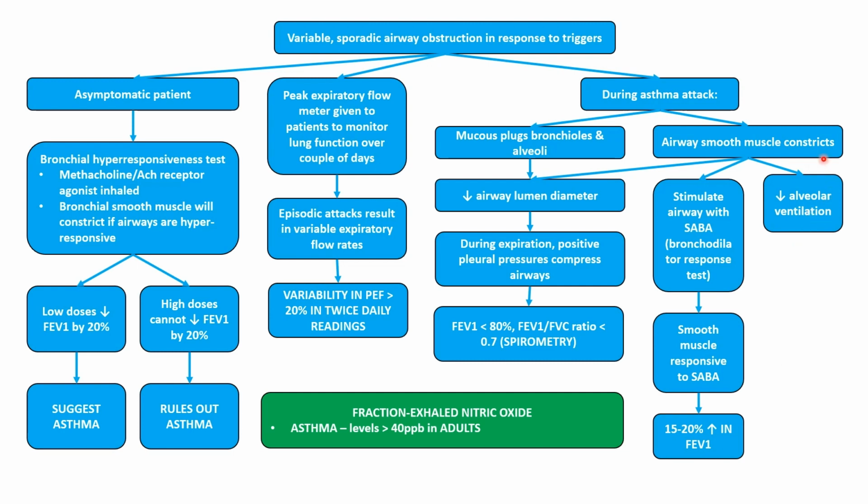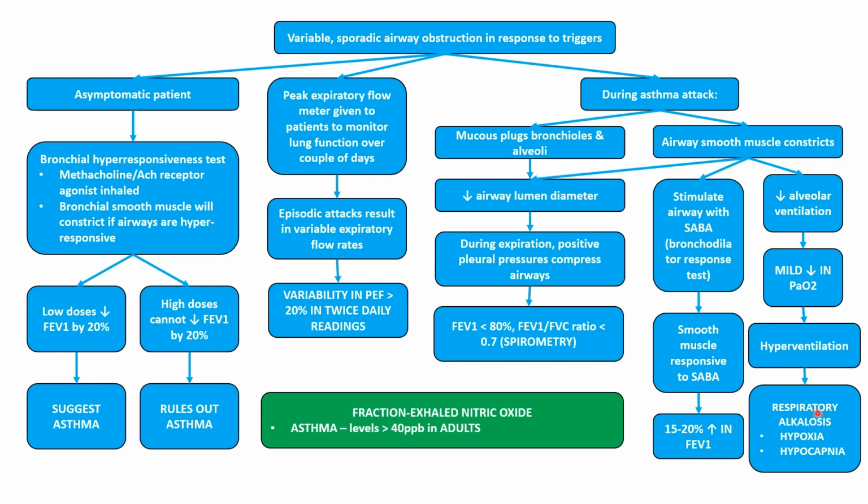Also, we're going to have reduced alveolar ventilation. So we're going to have a mild decrease in the partial pressure of oxygen, leading to hyperventilation and resulting in a respiratory alkalosis, so this presents with hypoxia and hypocapnia.